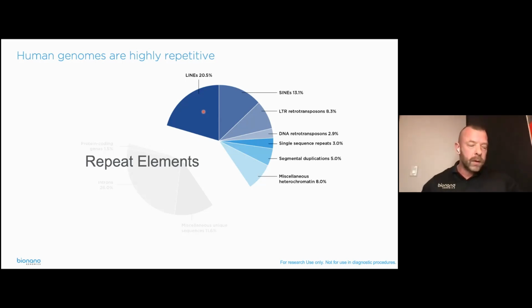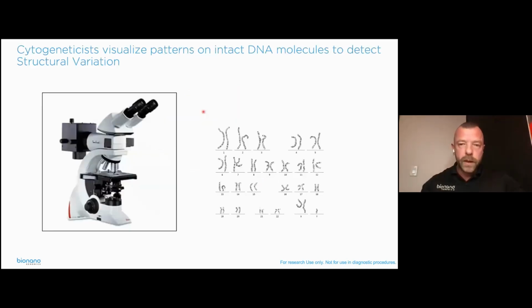And maybe you think, well, I don't care about repetitive sequences. I only care about the genes. But what happens is that a lot of the structural variants in the genome are flanked by repeats and are actually caused by the recombining of these repeats in the first place. So if you're blind to this two thirds of the genome, you're also blind to the structural variants that are flanked by them. And that's why karyotyping is still standard of care for clinical detection of structural variants.